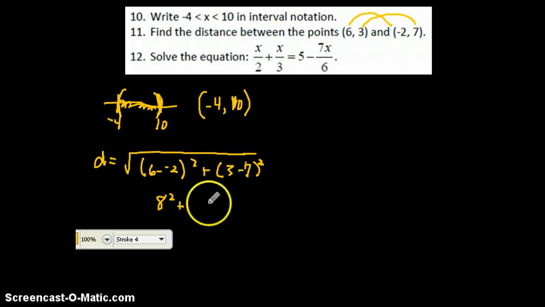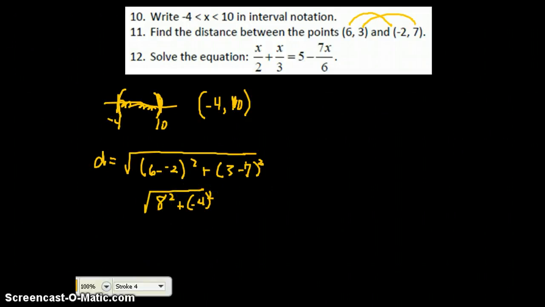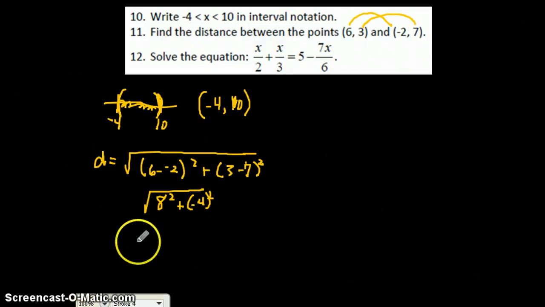We know that that is -4, -4 squared. Okay? So this is going to be the square root of 64 plus 16. That's the square root of 80.